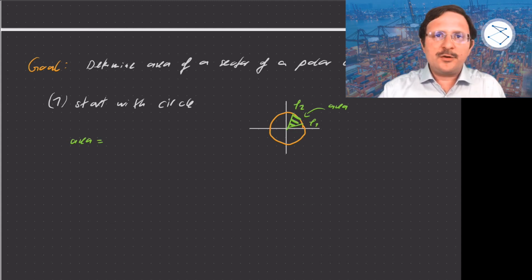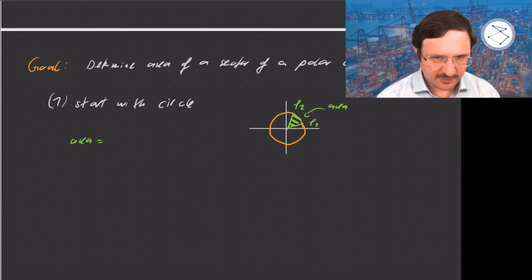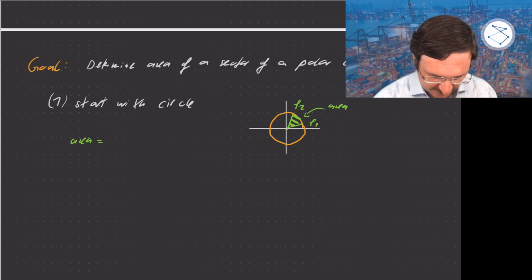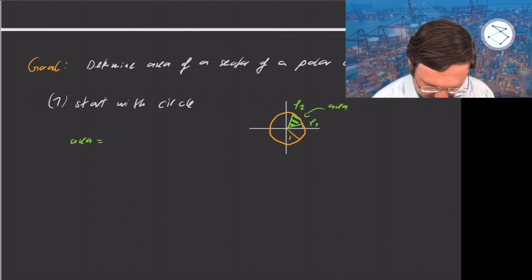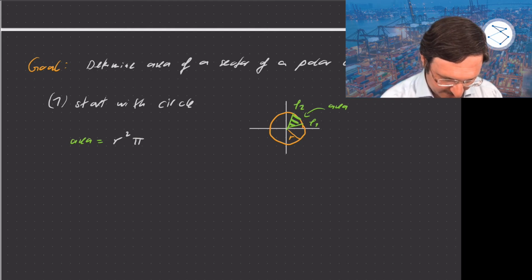Well, we do know that the area of the whole circle is given by r squared times pi. So let's say we have a radius of r here. And then the circle area is given as r squared times pi.